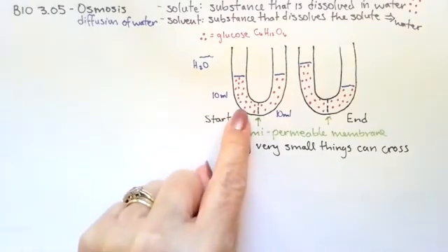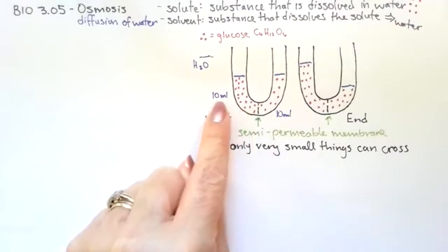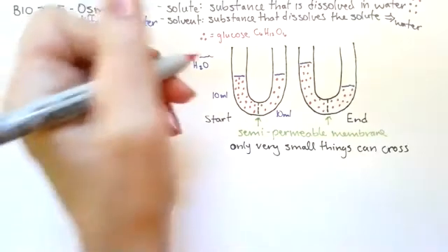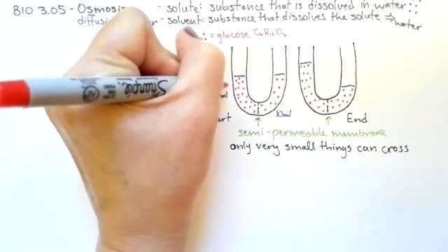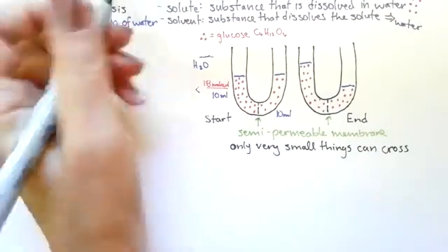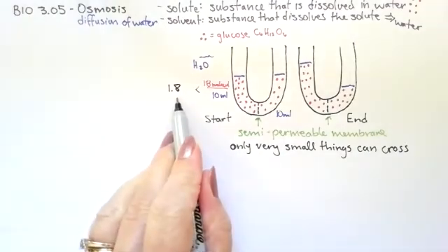If I count my dots, I have 18 glucose molecules in 10 mils of water. So I would have 18 molecules over 10 mils of water. If I divide those two, my ratio here is 1.8. And this ratio represents concentration.